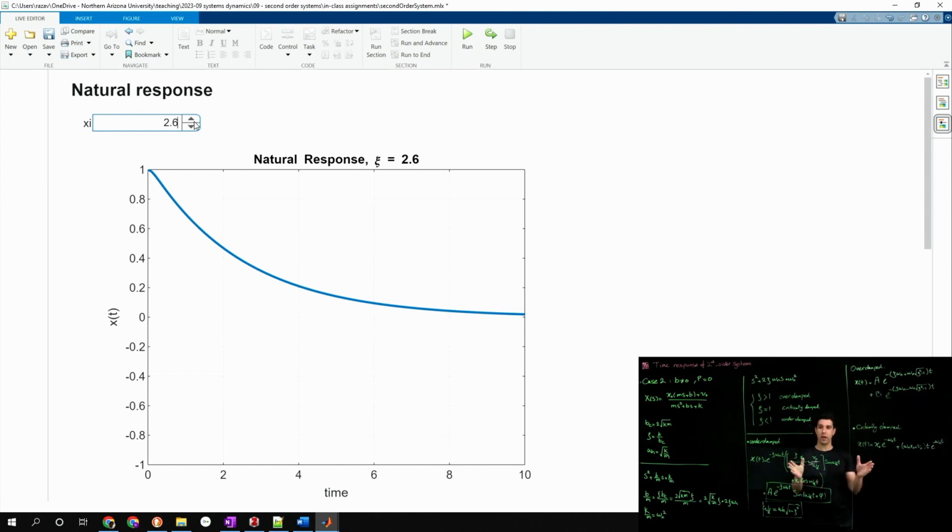If you change omega, it's going to remain more or less the same, except that you will have faster oscillations, but it doesn't change the characteristics of when the system has oscillation in case of underdamped, and when it doesn't show oscillation when it's overdamped.